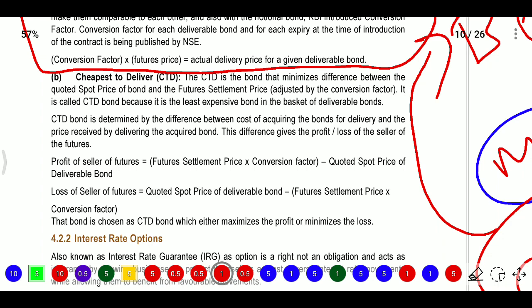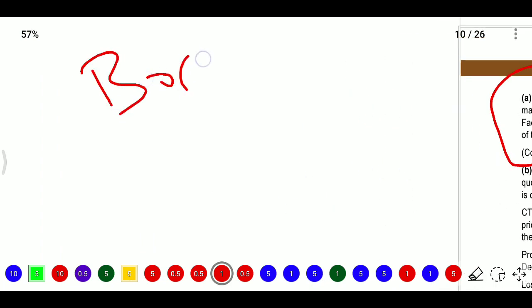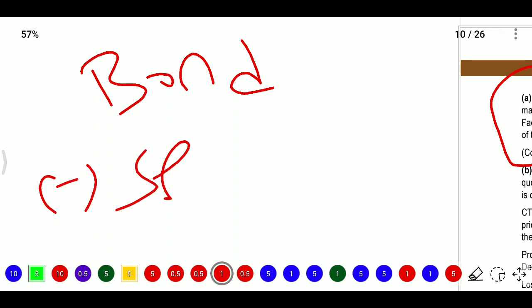Next, another method is cheapest to delivery, so CTD. Here, cheapest to delivery means, for example, one bond is there, and we will see the difference between the spot price and the future settlement price.